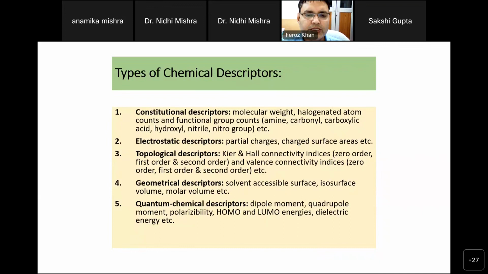Among the 1000 or 2000 chemical descriptors, we need to see which have a correlation with the biological activity and the properties. So which property is more important? We will find that through these three methods basically.